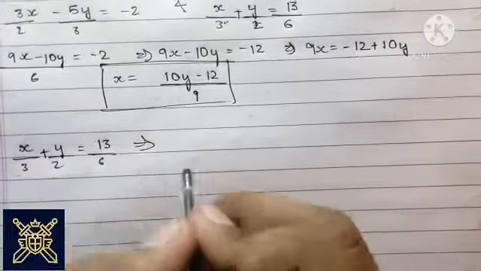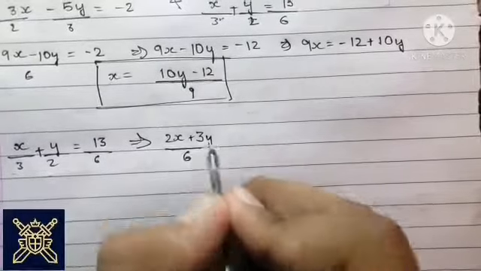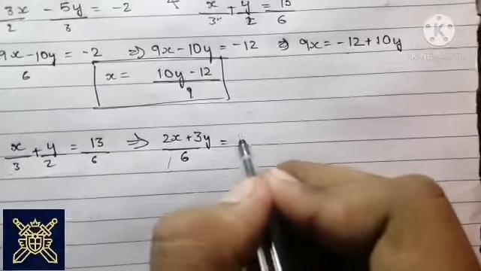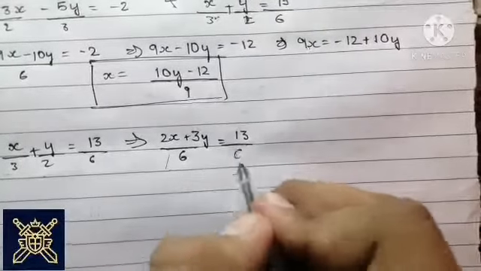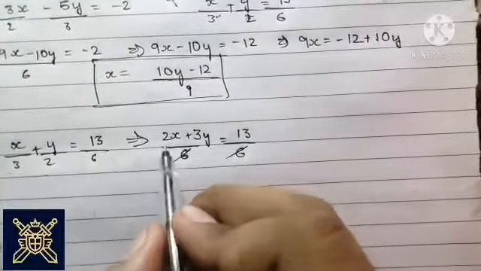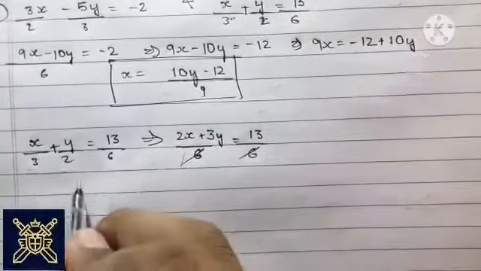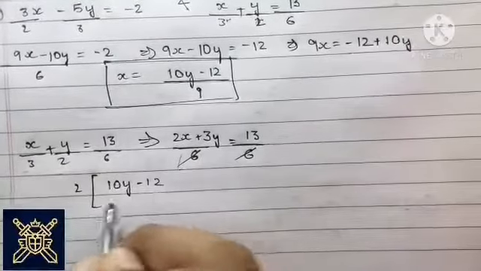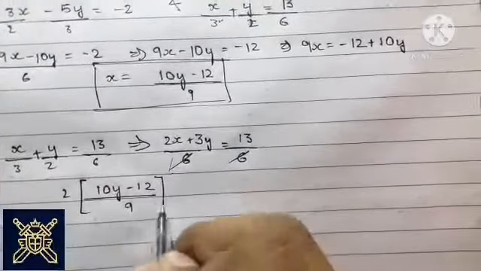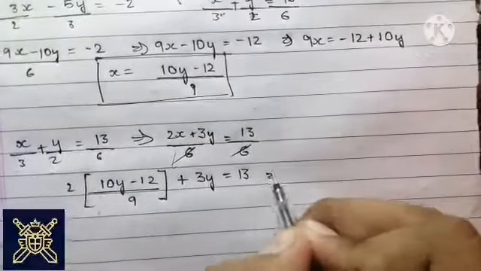This implies that 2x plus 3y by 6 is equal to 13 by 6. This 6 and 6 get cancelled. You are left with 2x plus 3y is equal to 13. Put the value of x from here. So 2 into 10y minus 12 upon 9 plus 3y is equal to 13.